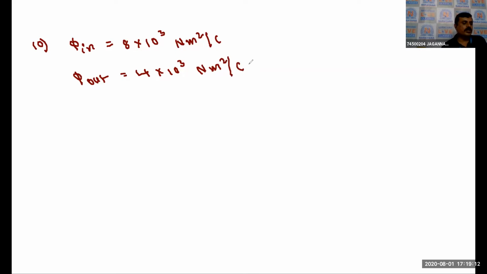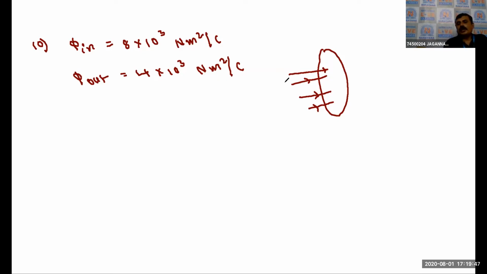Now the question he is asking is the total charge inside the surface. So according to Gauss law, let me consider this is one closed surface here. Some electric field lines are entering like this. The number of electric field lines entering the given area normally is called electric flux.